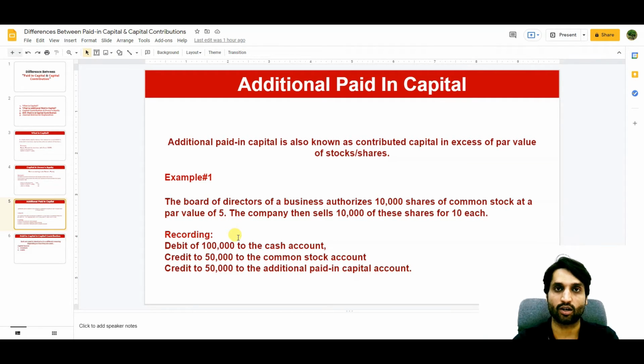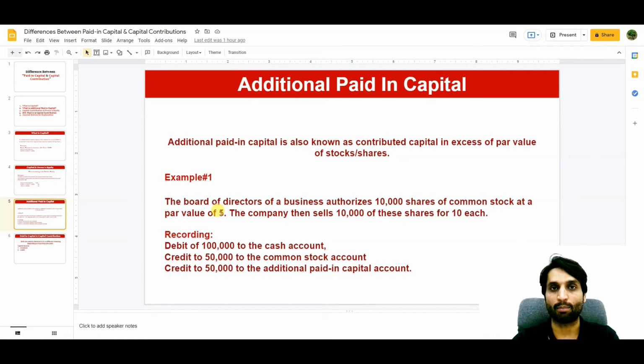That is the capital account of the shareholder, or even if the owner issued these shares to himself, this is the owner's capital account. Then credit 50,000 to additional paid-in capital.